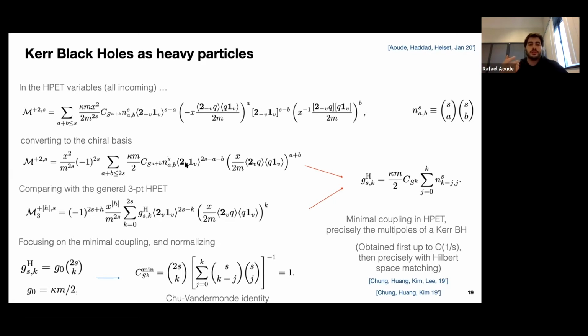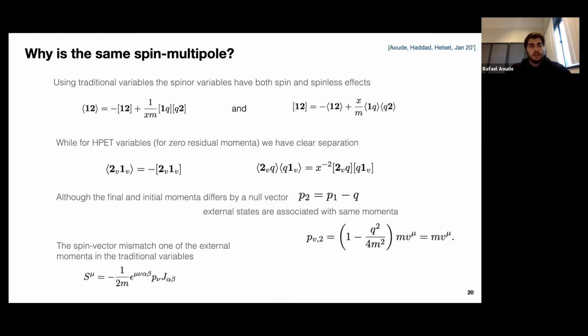So what is the reason that we obtain the same multipole expansion, and that the traditional variables hide this multipole expansion a bit?